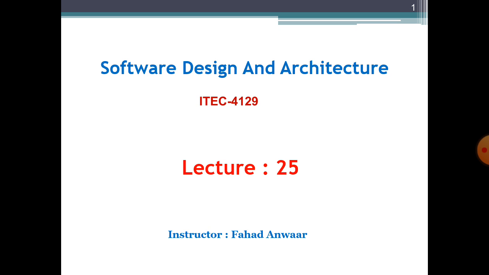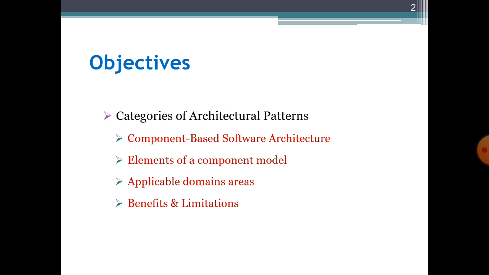So students, let's formally start today's lecture discussion. Here is a brief overview of today's lecture objectives. Today we will discuss another category or type of architectural pattern, which is component based software architecture.